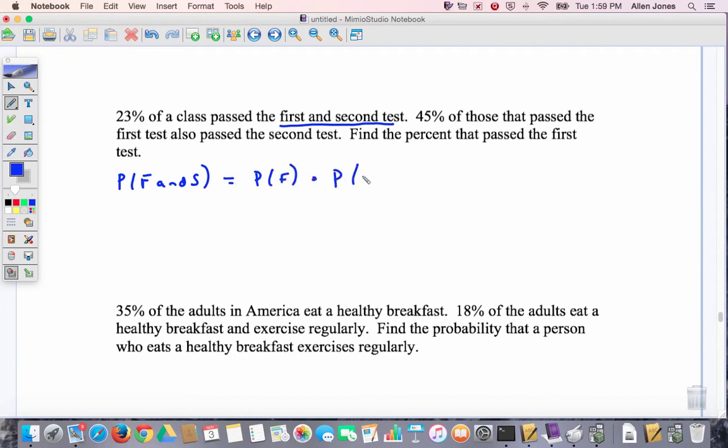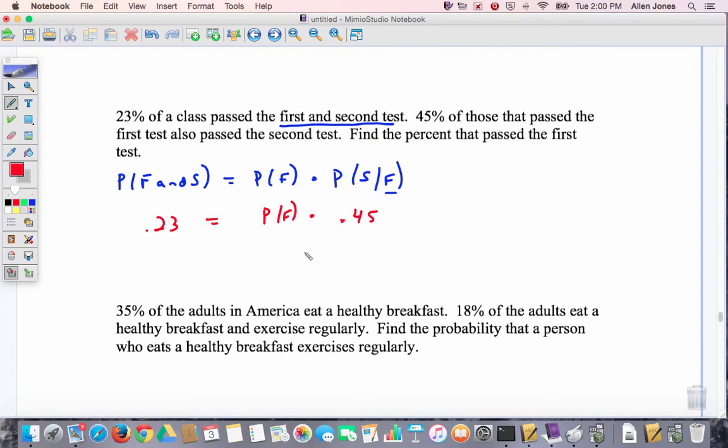Probably the first and the second test is the probability of passing the first test times the probability of passing the second test, assuming you've already passed the first test. So as I mentioned, you can't move on to this event until you've passed the first test. So we fill in the numbers. It tells us that 23% passed the first and the second test.